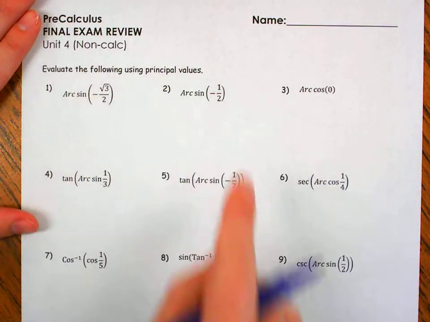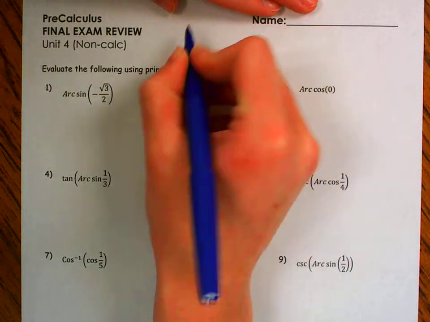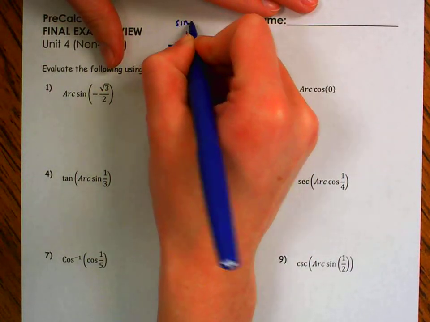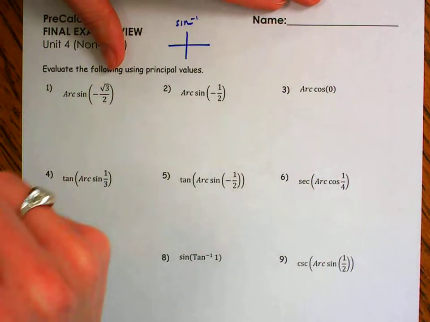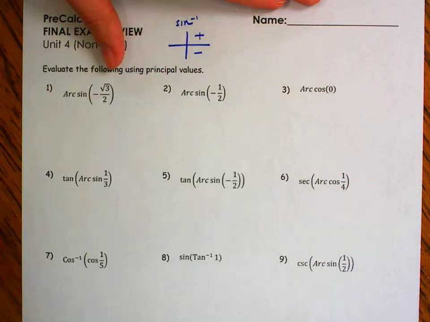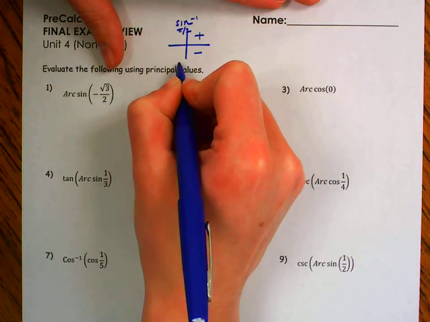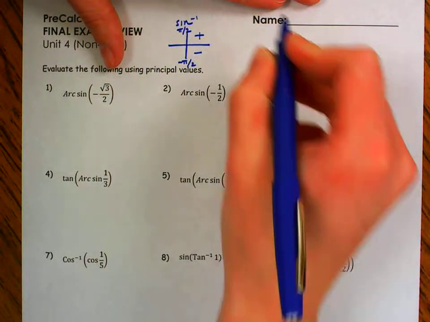You'll notice that we're doing principal values here. Just as a quick little reminder, I should use sine inverse for principal values. I use the first quadrant for positives, the fourth quadrant for negatives, and my principal values, or my angles, will be between pi over 2 and negative pi over 2.